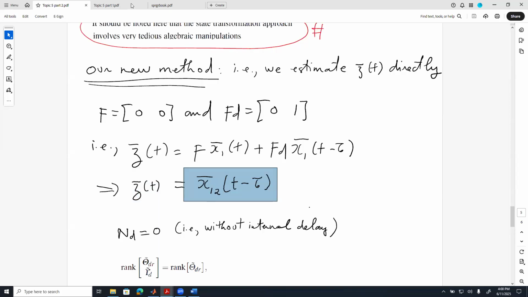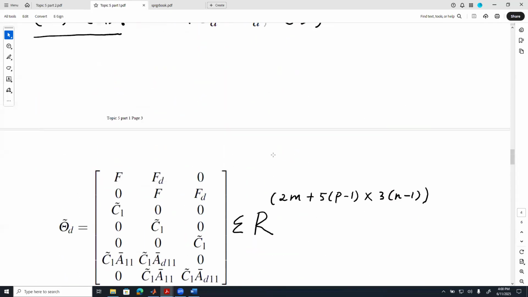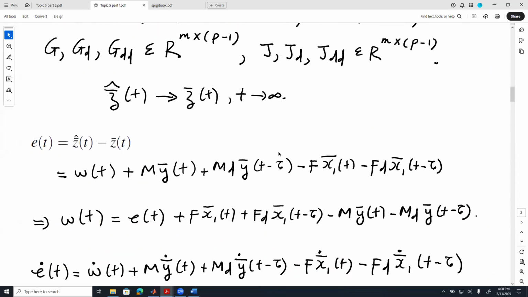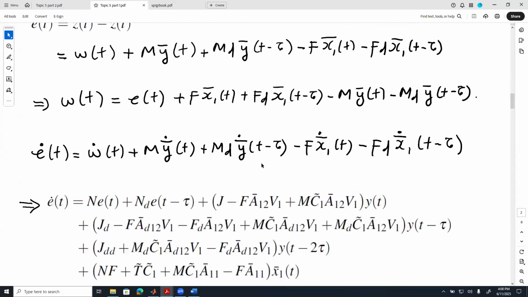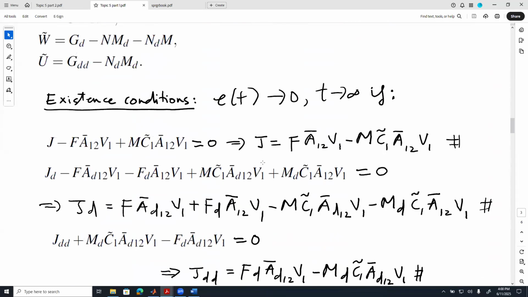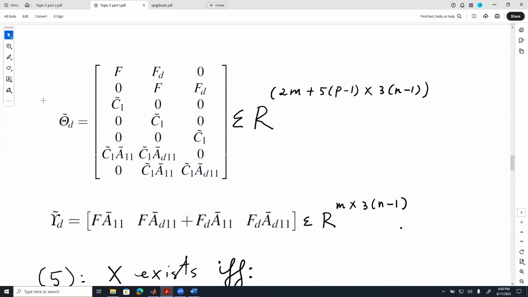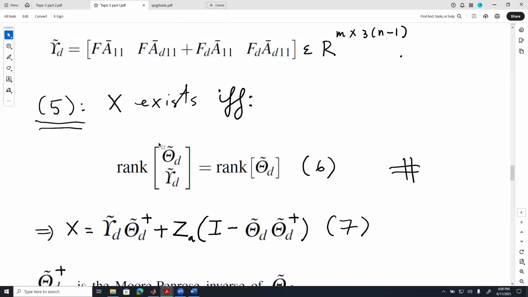And in our development in the previous session, we introduced an observer structure, which is a bit general with all of these parameters, and we showed that we can have the following conditions, which is basically that the rank of this matrix and the rank of this augmented matrix have to be satisfied and equal.